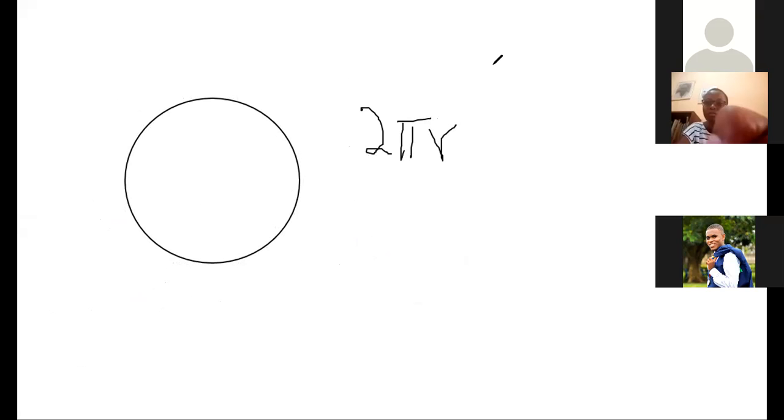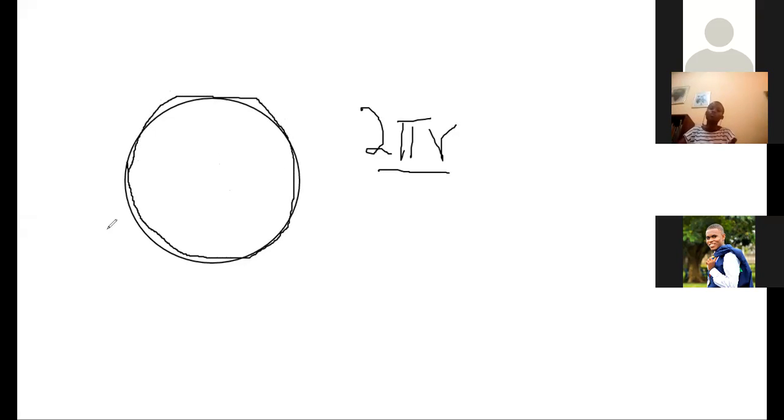Is that okay? Another reason why the formula is 2 pi r is that this circle, you'll be walking around the circle from this side up to this side. That is why you are having what? A 2 pi r here.